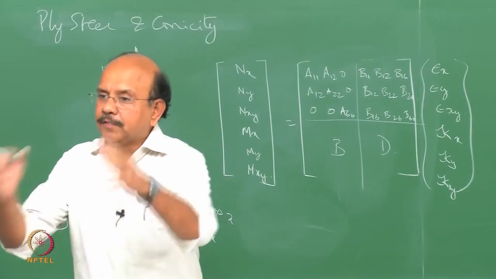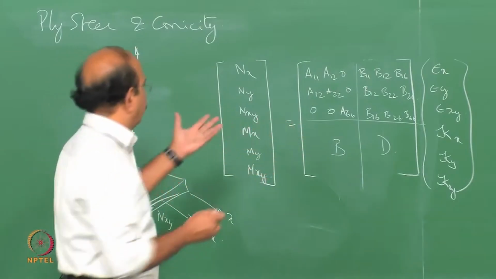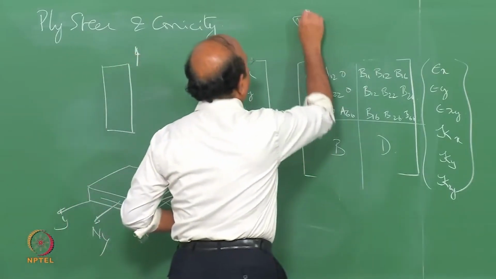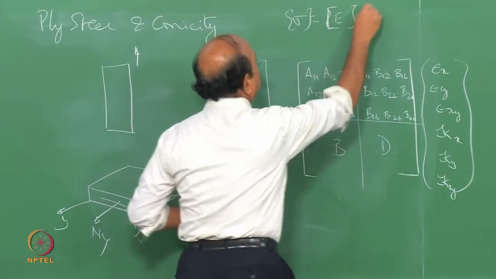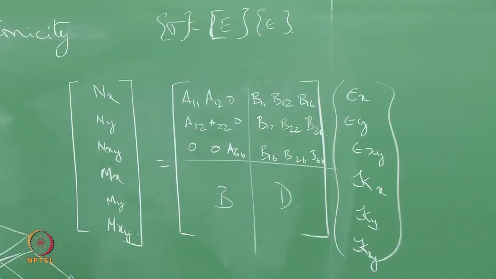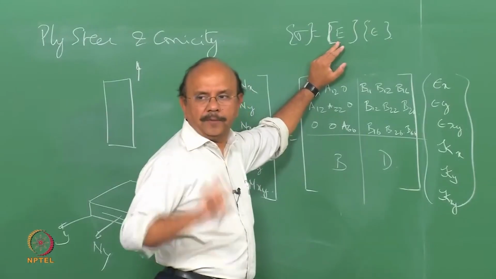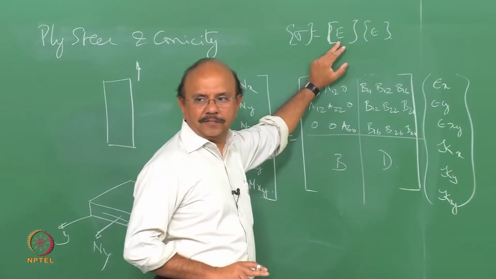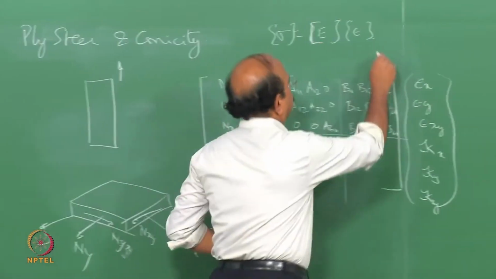What are they? Very similar to what you know, for example, in plane stress and plane strain. Okay? Say, for example, you have sigma is equal to E epsilon, right? So you have a constitutive equation, which relates stress and strain. Okay? For example, in an isotropic material, what enters into this? E and nu.